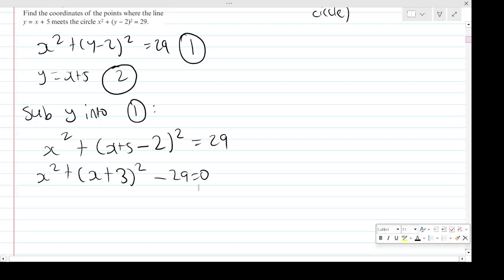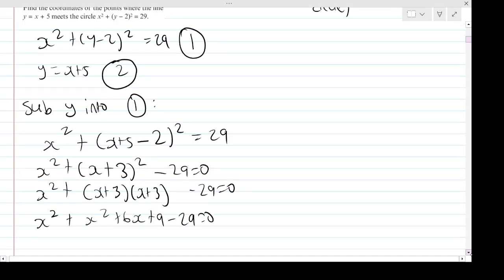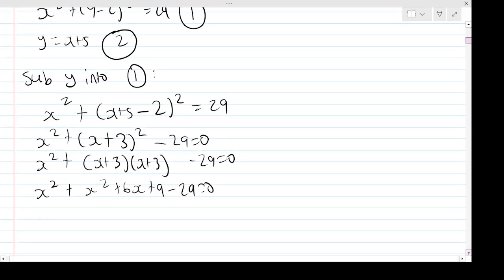Then we just need to expand it: (x + 3)² is the same bracket twice, so we get x² + x² + 3x + 3x + 9 − 29 = 0. Then we can collect the terms together, so we have 2x² + 6x + 9 − 29, which gives minus 20, equals 0.